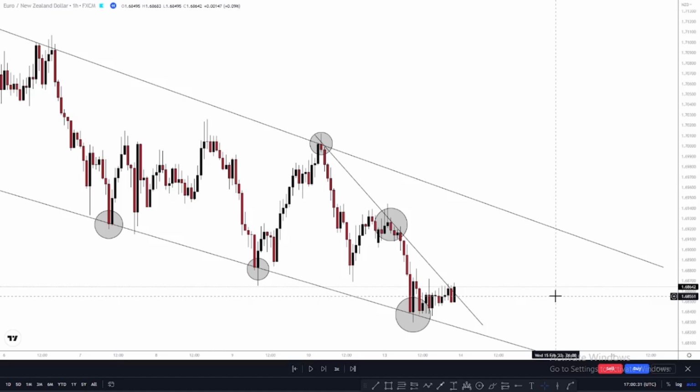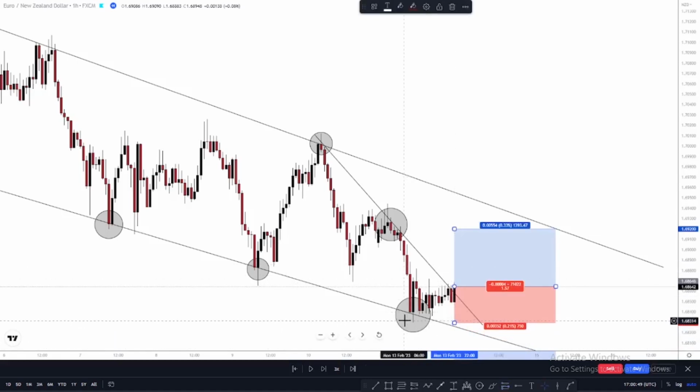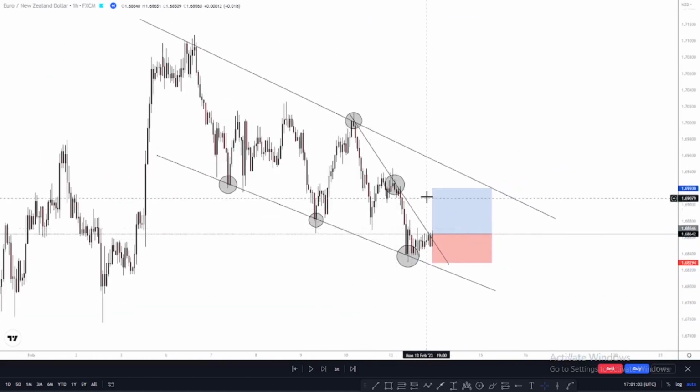So after I had this bullish engulfing candlestick break out of the inner trend line, all I did was enter my trade right here and put my stop loss below the wick of this retest candlestick. And where did I put my take profit?